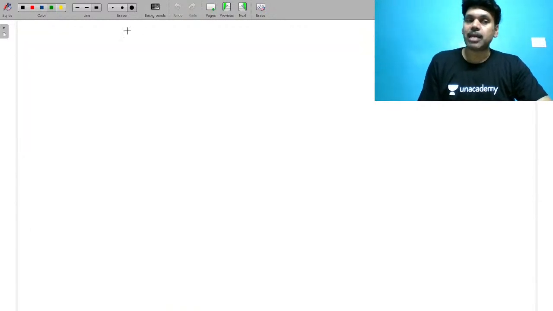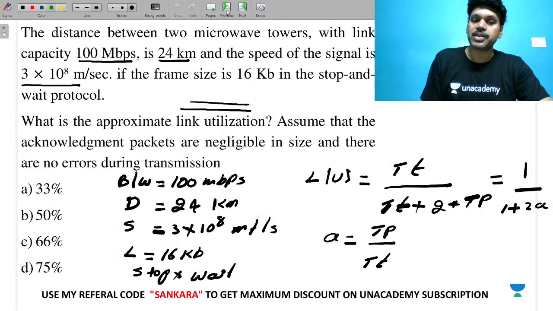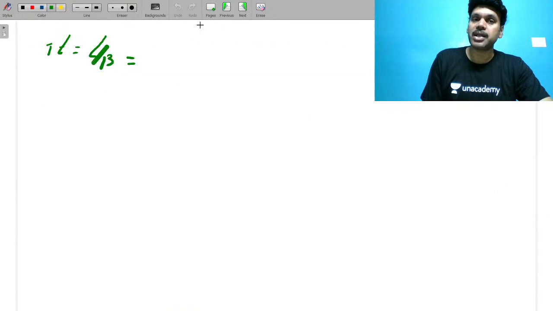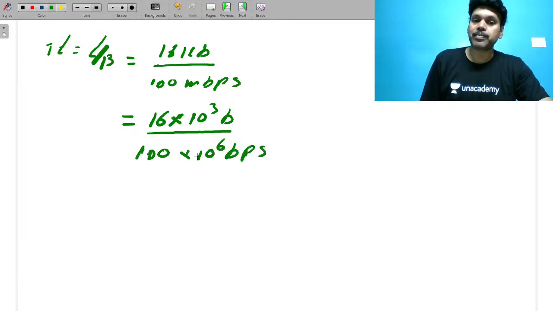TT is nothing but L by B, L upon bandwidth. Here the L value is 16 kilobit and bandwidth is 100 Mbps. Both are in bits only, so no conversion is required. 16 into 10 power 3 bits divided by 100 into 10 power 6 bits per second.